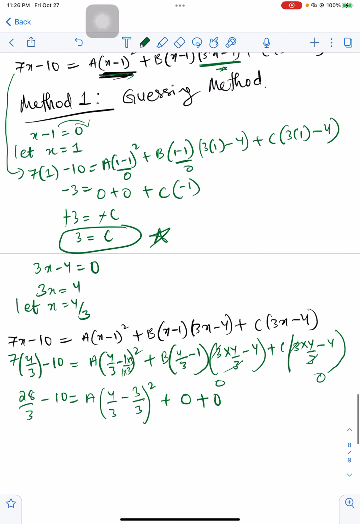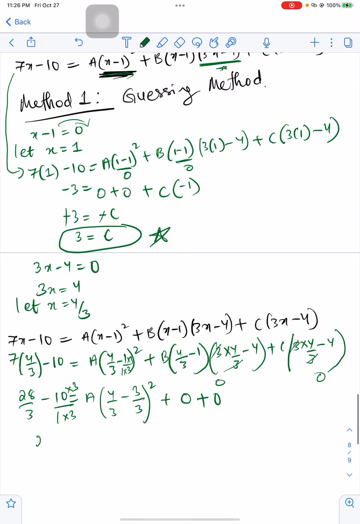So you have 1 times 3 times 3, so 28 minus 30 over 3 is equal to a times 1 over 3 whole square.